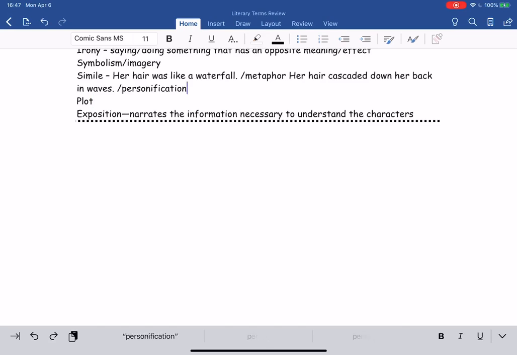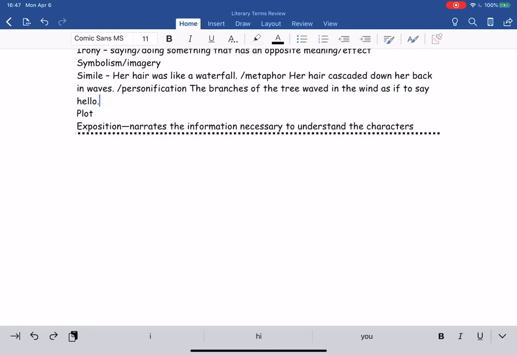And then finally, personification. Personification is when you make an inanimate object, in other words, something that's not alive or something that's not a human being, you give it qualities of a person. You give it qualities of a human being. So let's say, for example, I said something like this. The branches of the tree waved in the wind as if to say hello.